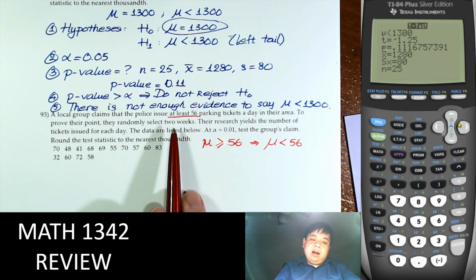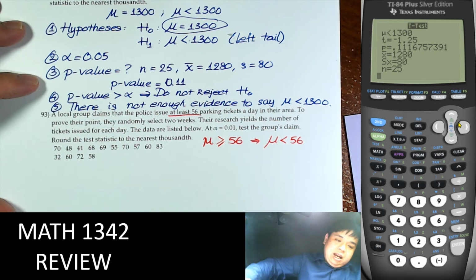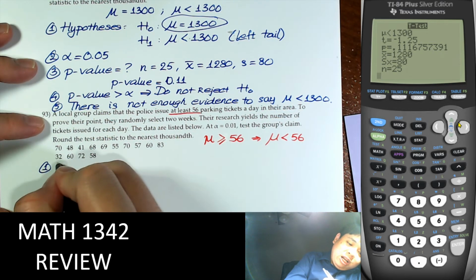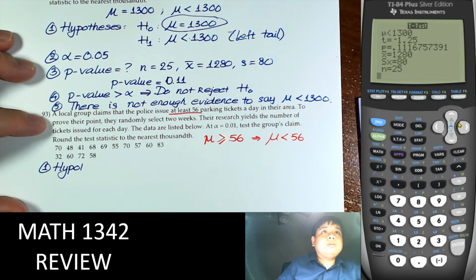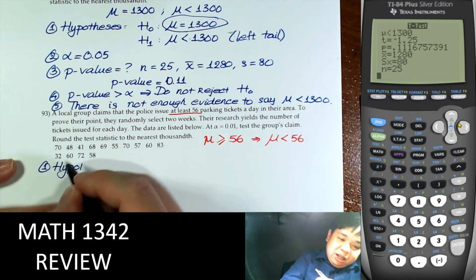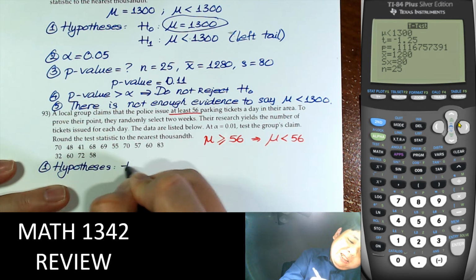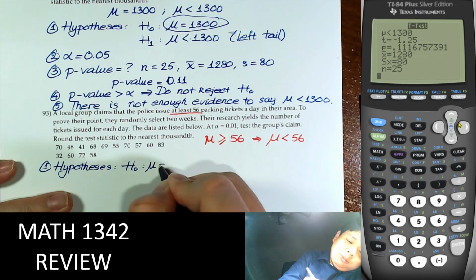At least means greater than or equal to 56. And of course, when we have that, we know which one is the null hypothesis and which one is the alternative hypothesis. The null hypothesis, we just write equal to.